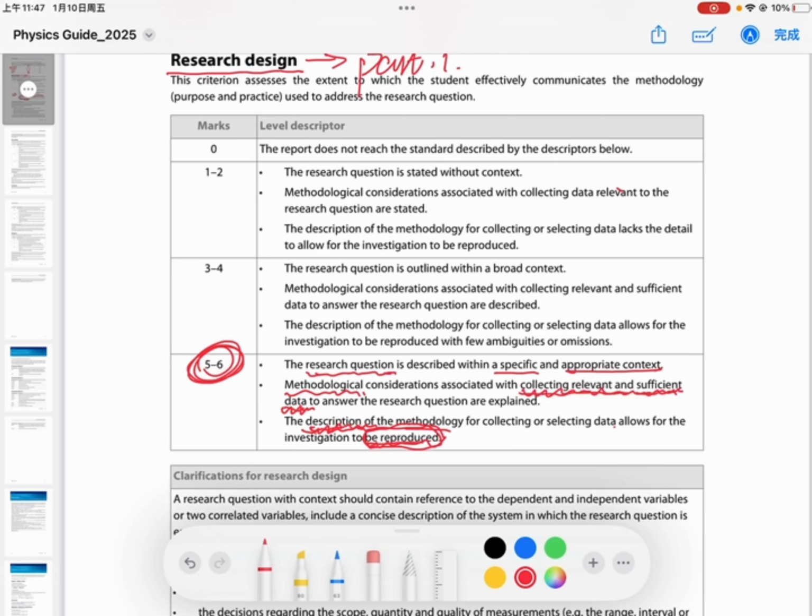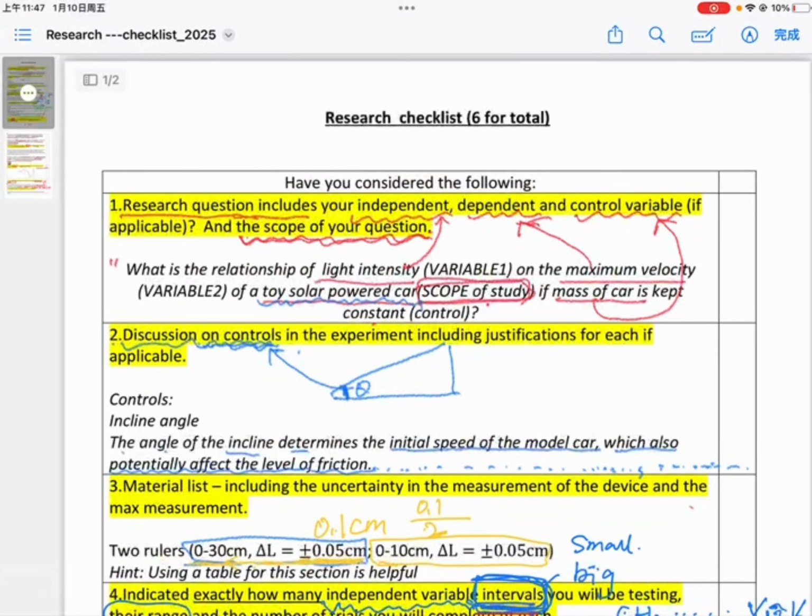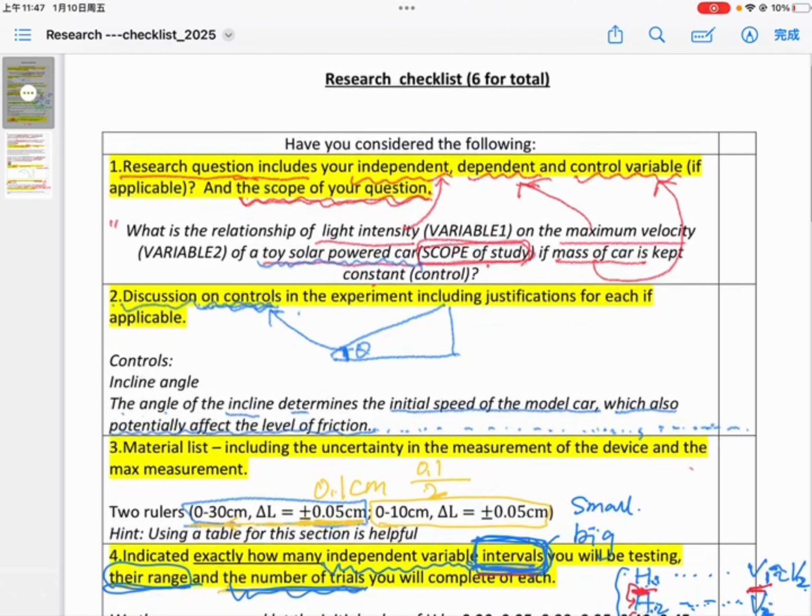That means you need to communicate your methodologies very clearly and in an organized way for your reader or examiner to understand. So these are the criteria, and we are going to break down this criteria, and I have developed a checklist for you to check when you write your background information, introduction, and methodologies.